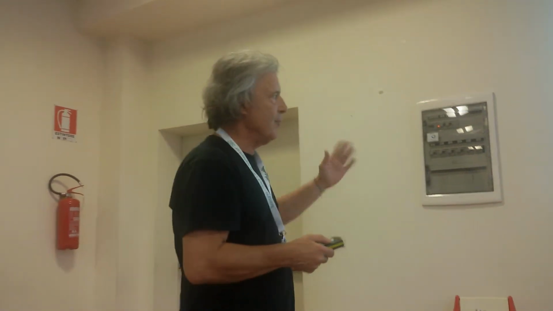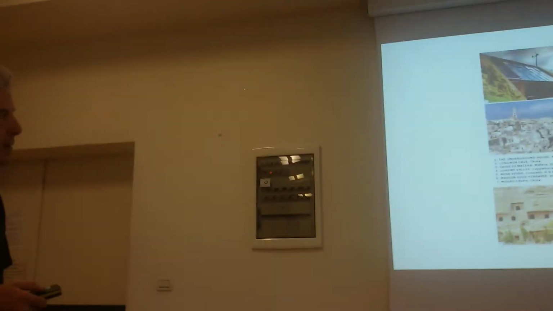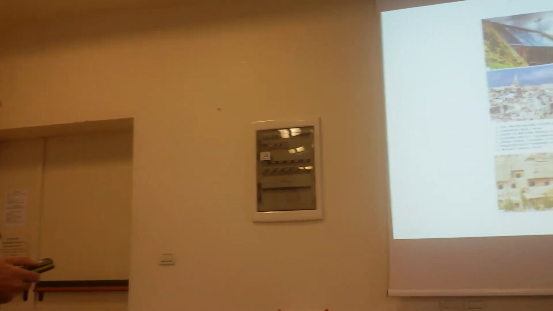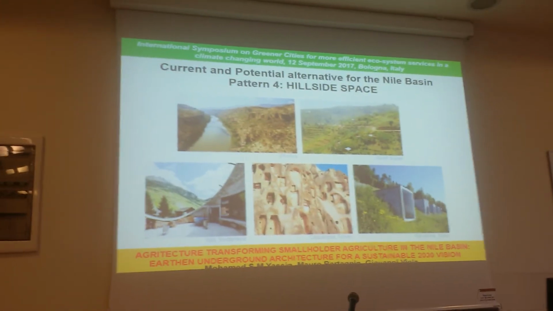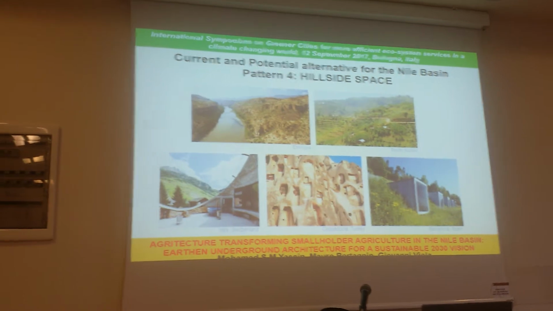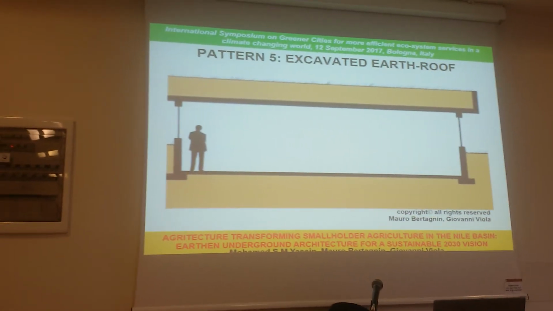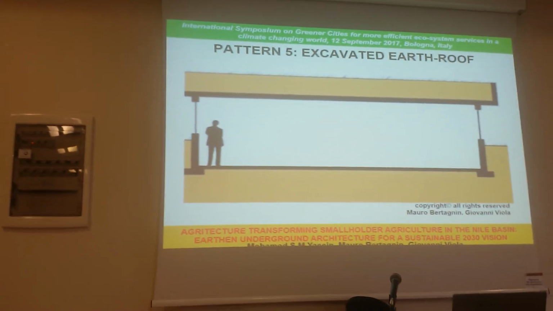From China to Matera, the grotto architecture or the underground are very attractive models. And you see modernity and traditional, vernacular and new vernacular. And finally, the fifth pattern is the excavated earth roof.